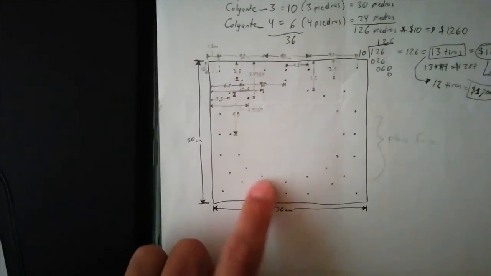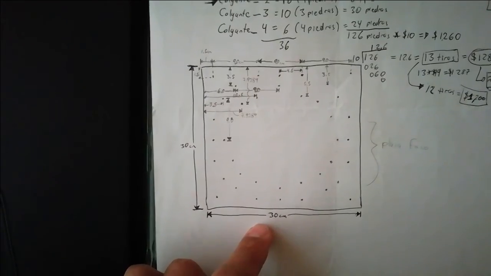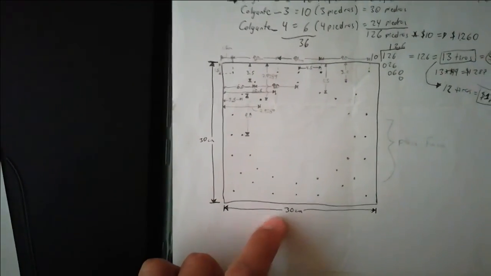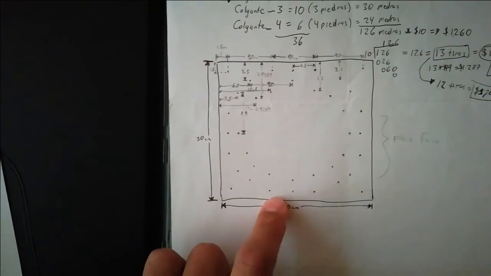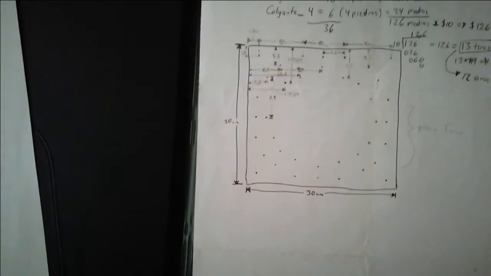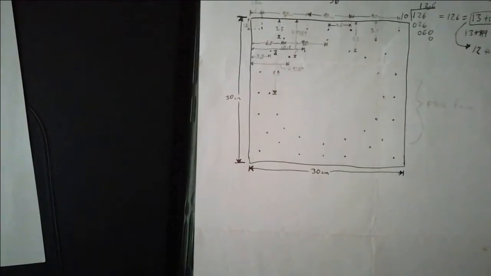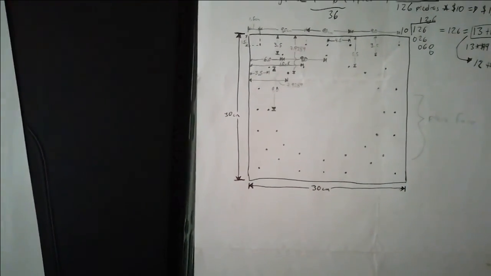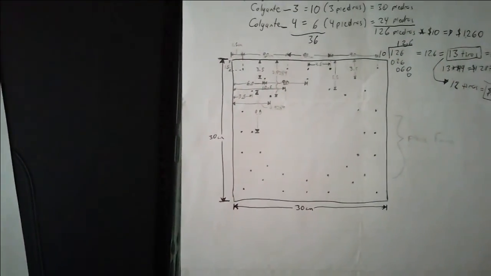It is just a simple square, but the thing here is that these little dots that you see here are for the configuration of the chandelier.